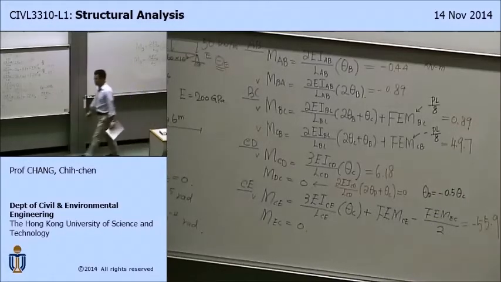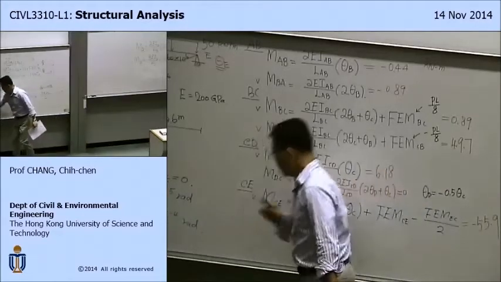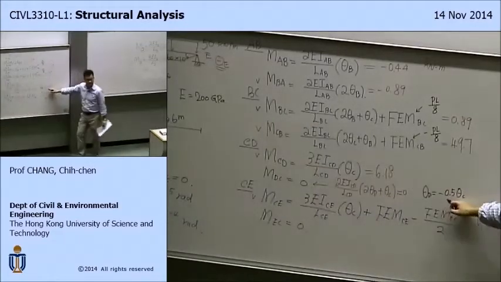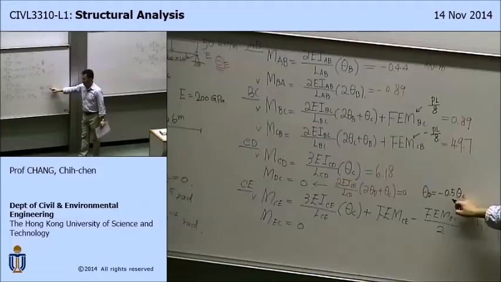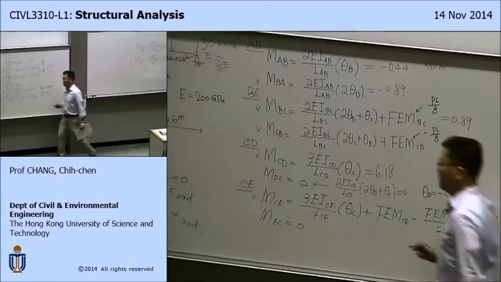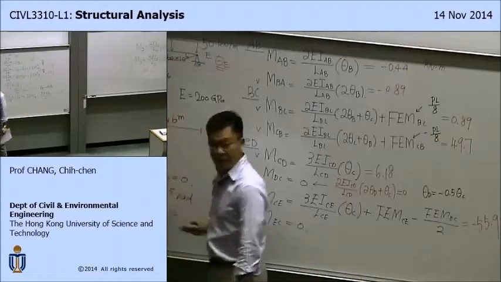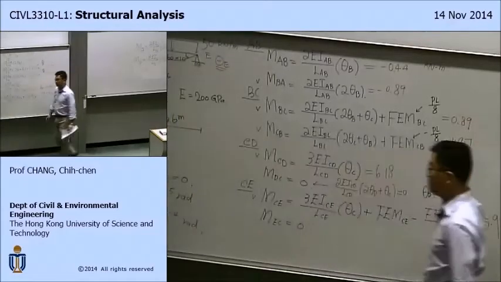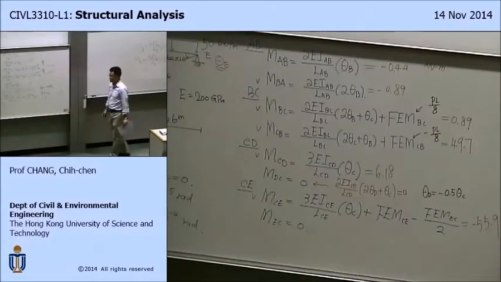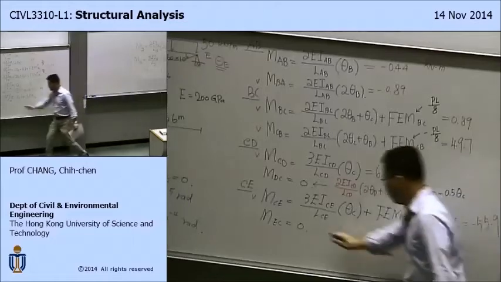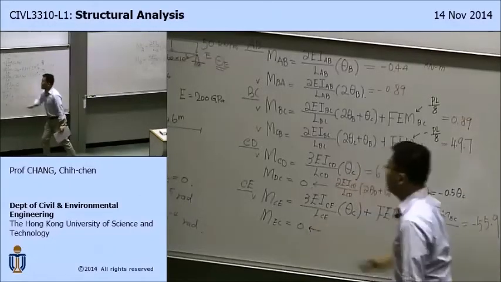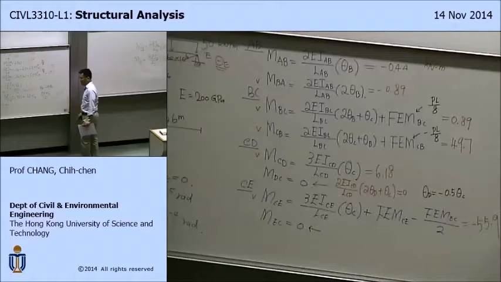Right? So you have theta C. So you have theta D. So theta D should be positive number, right? Negative, negative, so it should be positive. So indicating that this is counterclockwise rotation. So similarly, you can get rotation angle E from that equation.